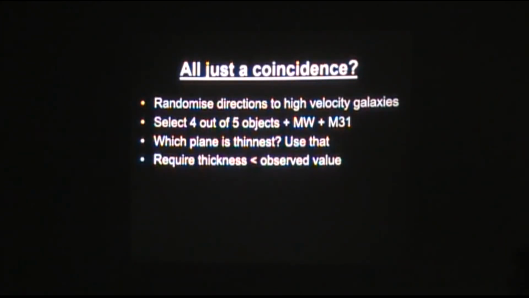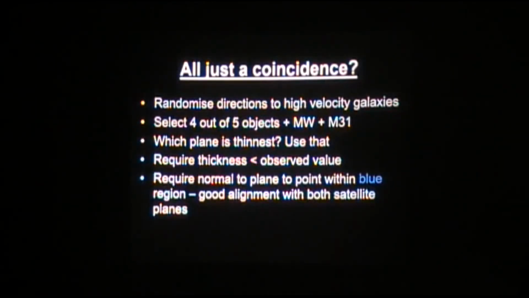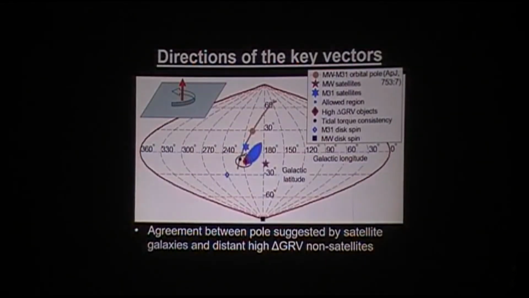You require it to be a thin plane, so only a small fraction of your trials will work. But importantly, you require the normal to the plane to point within the region I was showing on the last slide. Basically, you get an extremely small result. So just to remind you, we require the mock plane normal to be in the blue region. So you could get very little.